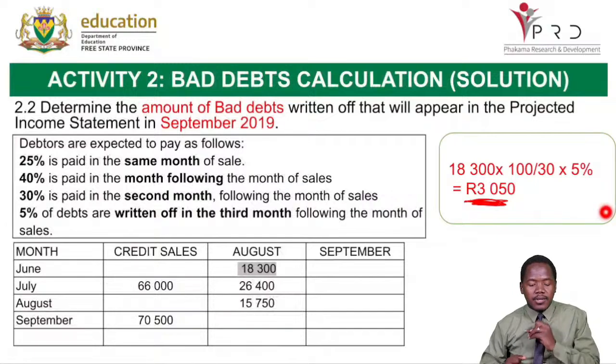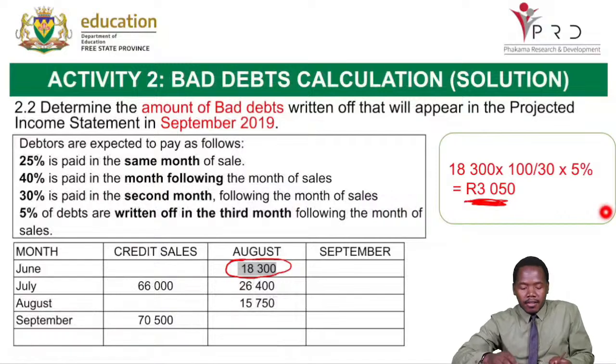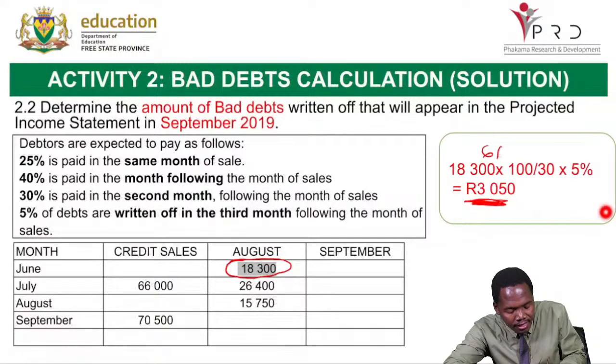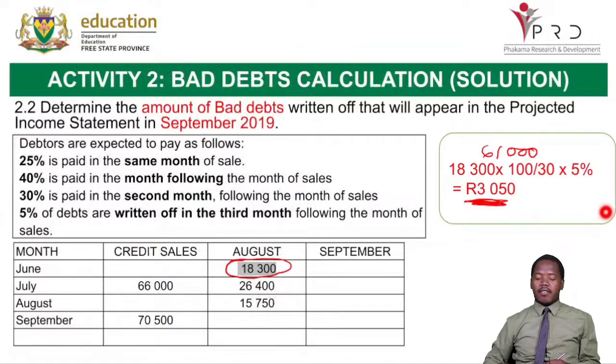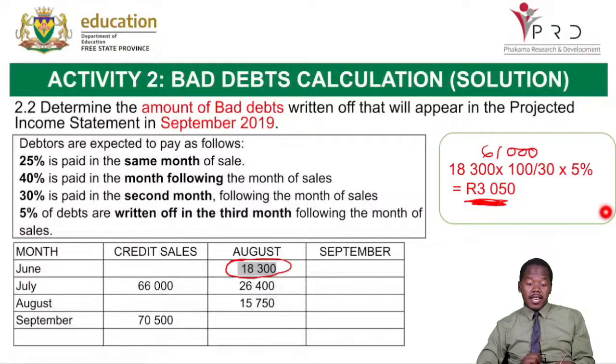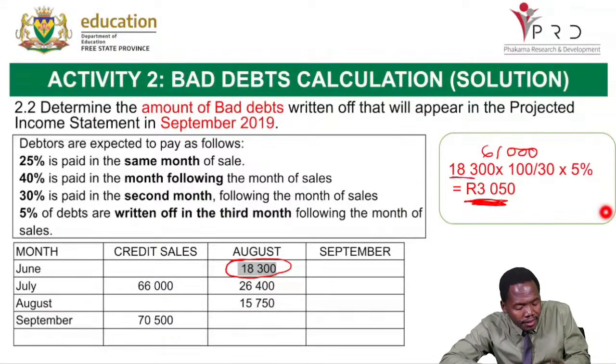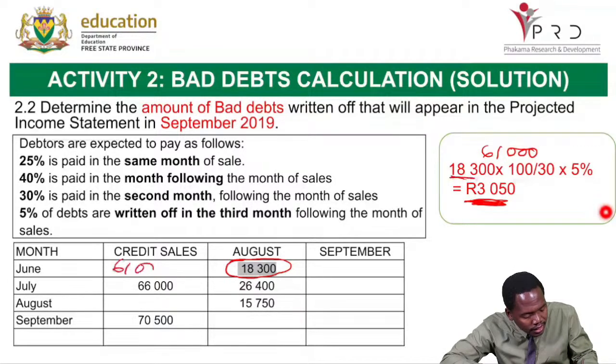Or let us look at, for example, they gave us 18,300. Remember, this is 61,000 rands. If they give you the collection for August, what are you supposed to do? Remember, collection for August is the 30% that we calculated earlier on. So we say 18,300 multiplied by, remember we look for these credit sales.